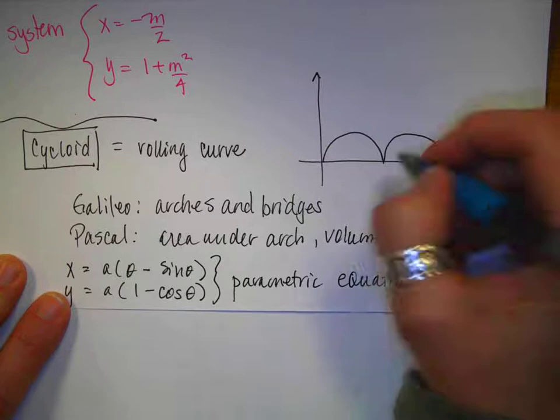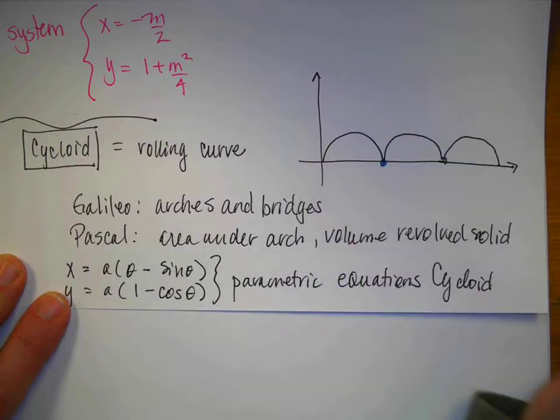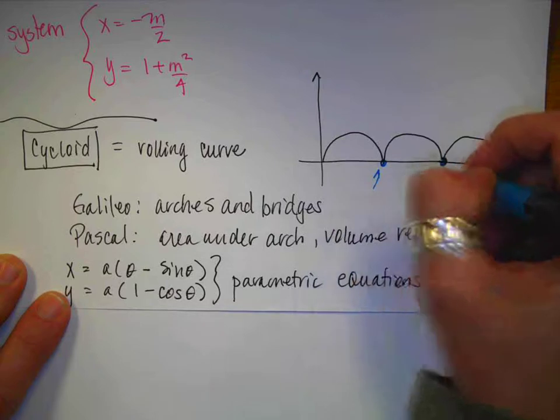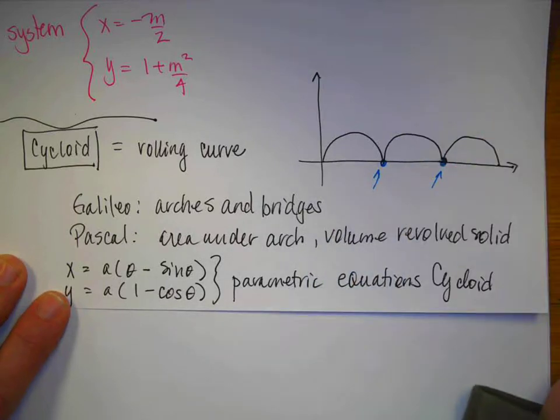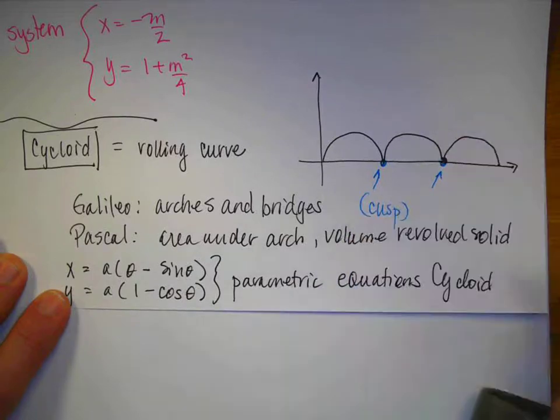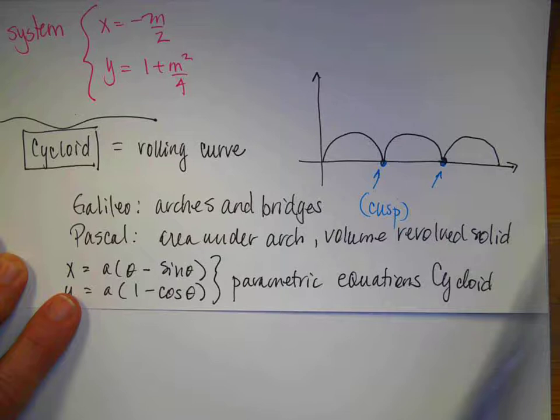We're not going to do a lot with these. Another thing that might be interesting to talk about before we watch the movie is that if I were to try to take the derivative at these points, you would tell me that's not possible because it's a sharp point or a cusp.